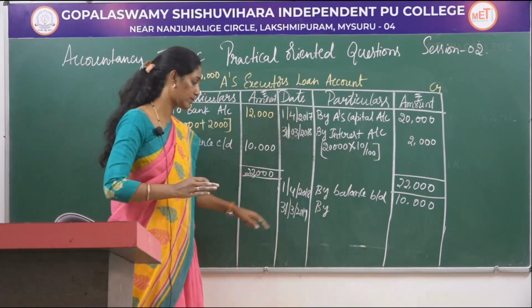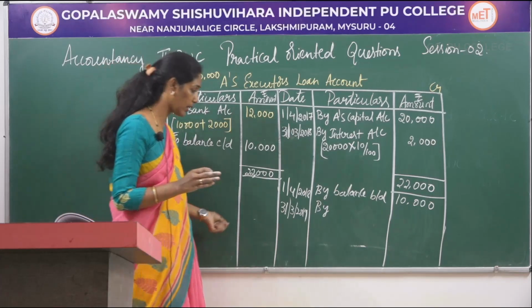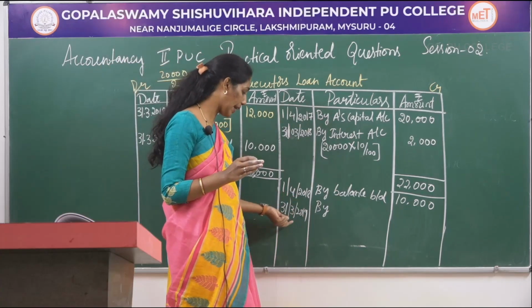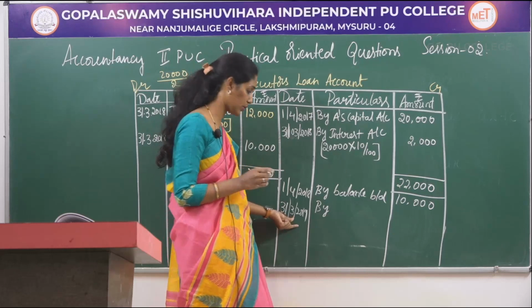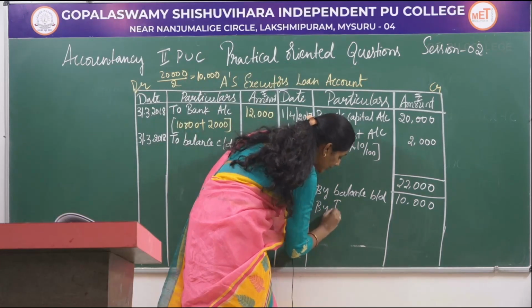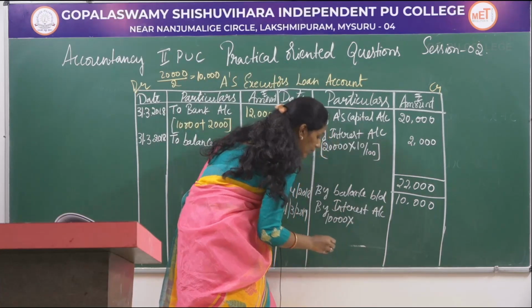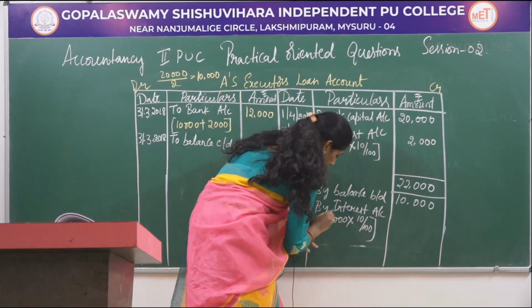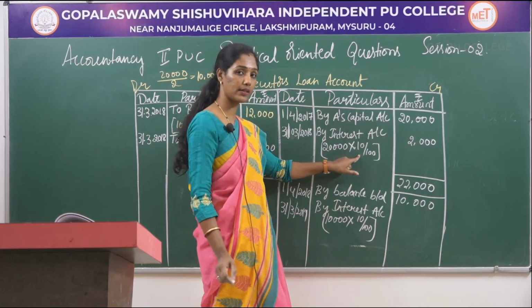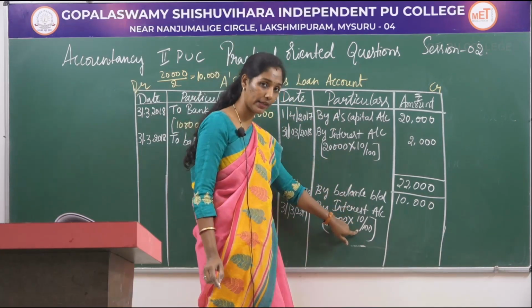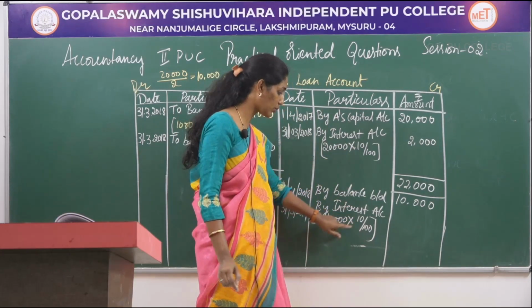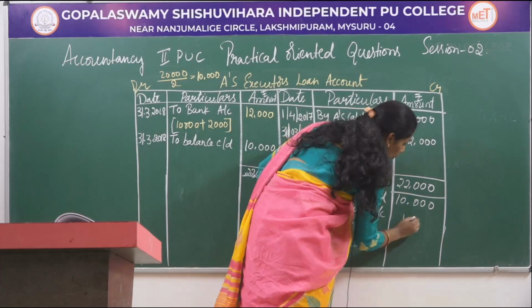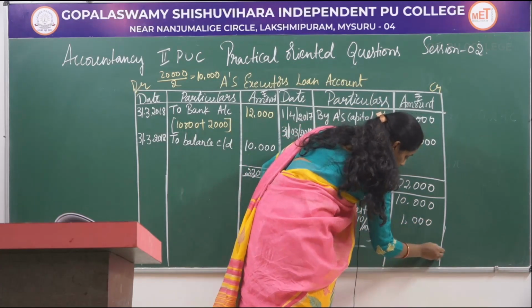Any interest must be paid at the end of the accounting period. So here this accounting year ends on 31st/3/2019 by interest account, and calculate the same rate of interest on 10,000. Whatever interest rate you considered in the first year, you have to take the same interest rate for the second year too. 10,000 into 10% you will get 1,000.